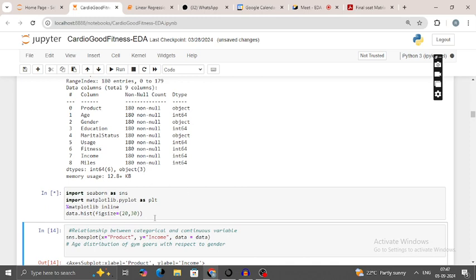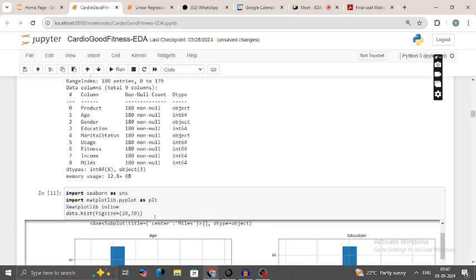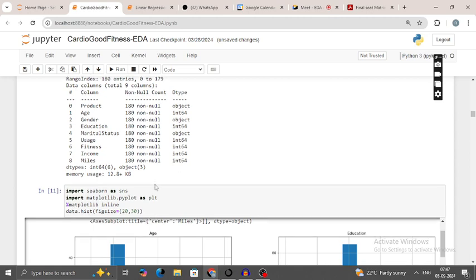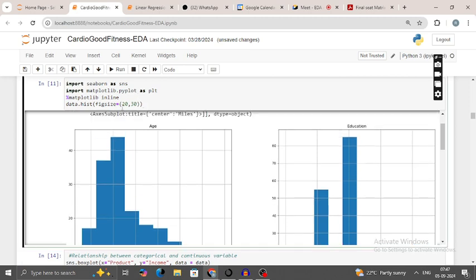Yes, it is plotting. Yes, look at this. So now if you look at the data.